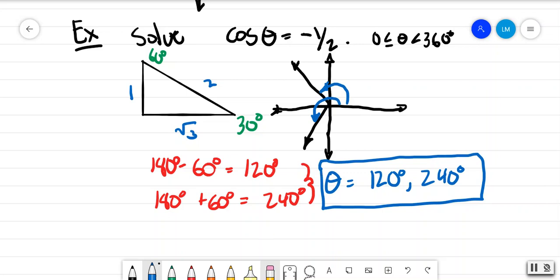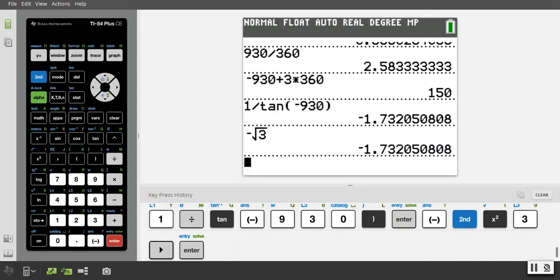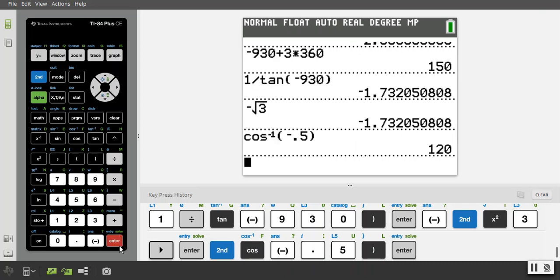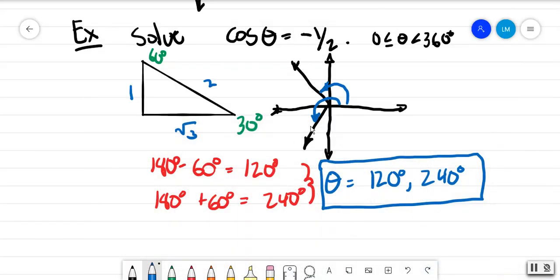Okay, now in the previous section, I think that you did use the first quadrant, but you didn't really use it that much for the inverse function. So if you do cosine inverse of negative 1/2, it does give you the value 120, but notice that it didn't give us the other one, the 240, and that's just because it doesn't account for the angle.